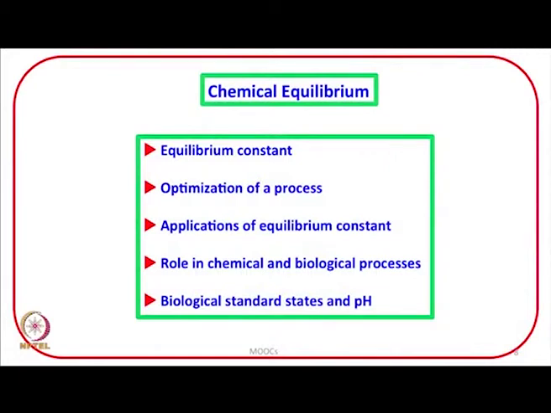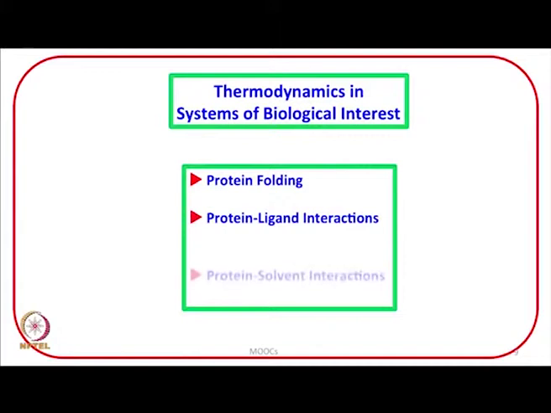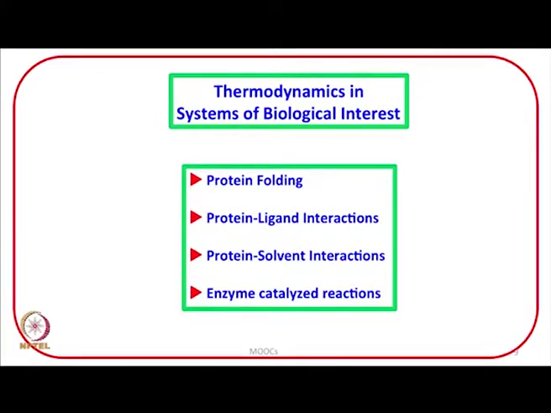We further went on discussing biological standard states and pH. Later on, we switched over to thermodynamics in systems of biological interest, specifically with a focus on protein folding, protein ligand interactions, protein solvent interactions, and enzyme catalyzed interactions.